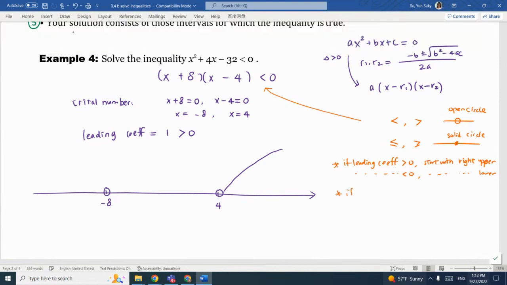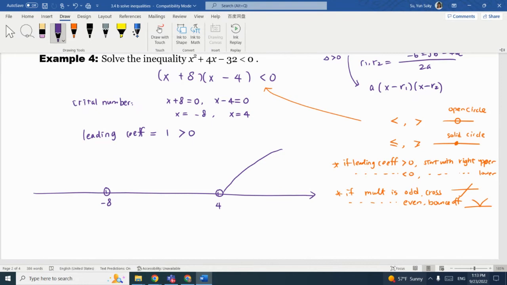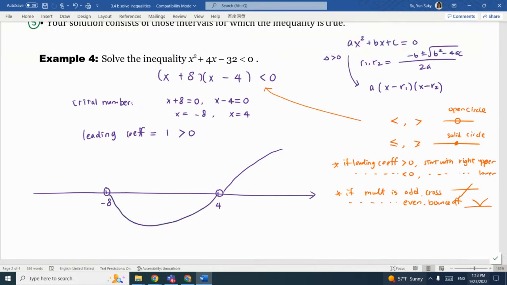If multiplicity is odd, we cross the x-axis. If multiplicity is even, we bounce off, like that. So 4 is odd, so we cross it. How about at -8? Odd, so we cross.